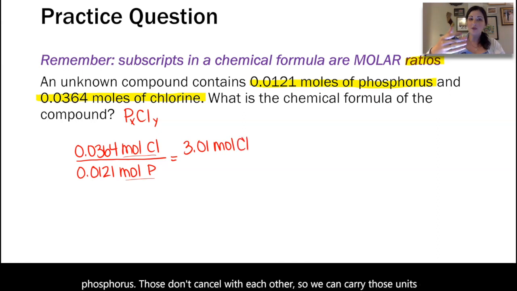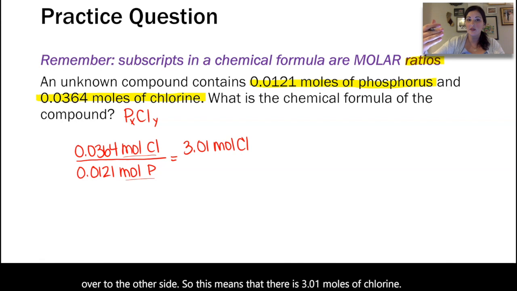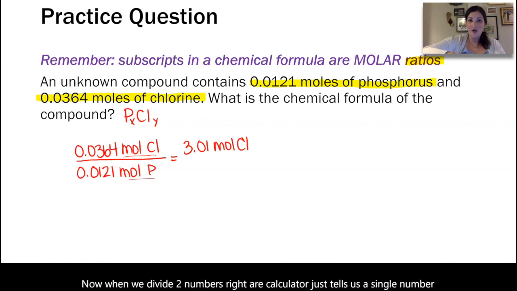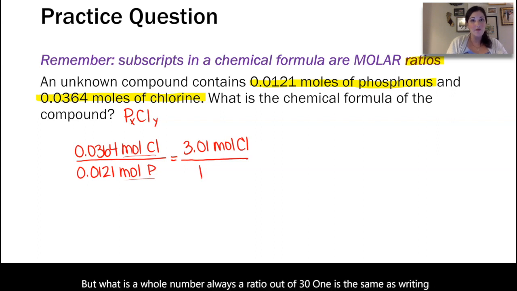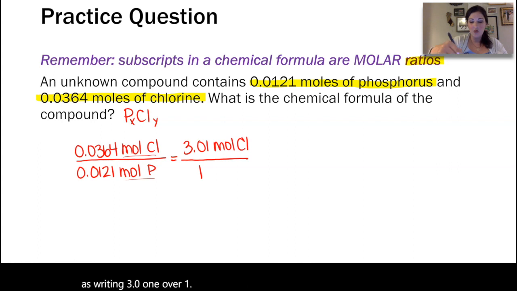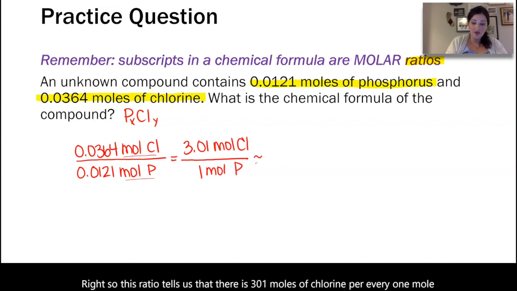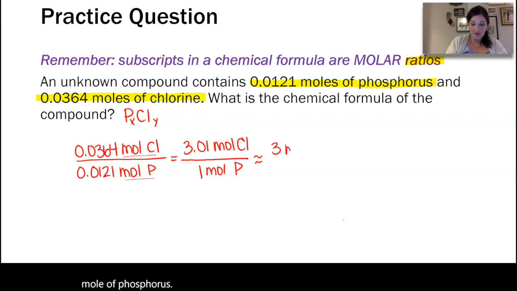Now when we divide two numbers, right, our calculator just tells us a single number, but what is a whole number always a ratio out of? 3.01 is the same as writing 3.01 over 1, right? So this ratio tells us that there is 3.01 moles of chlorine per every 1 mole of phosphorus, which is very close to saying there are 3 moles of chlorine per every 1 mole of phosphorus.